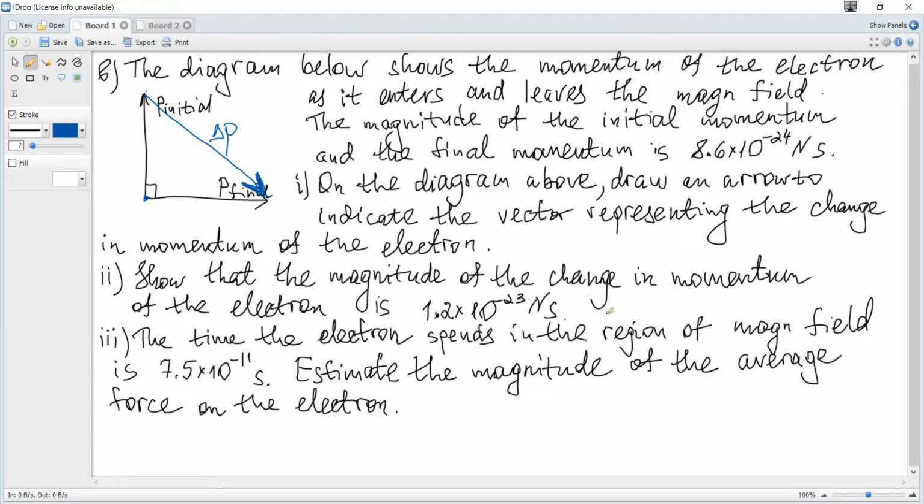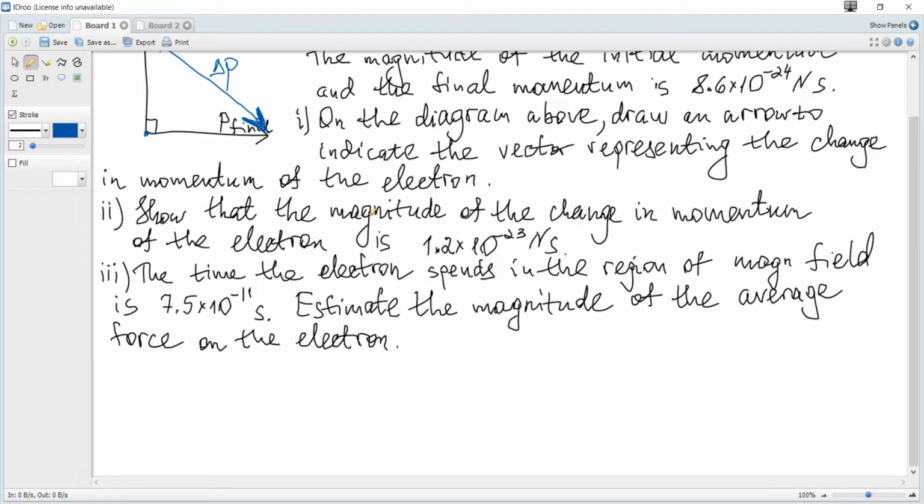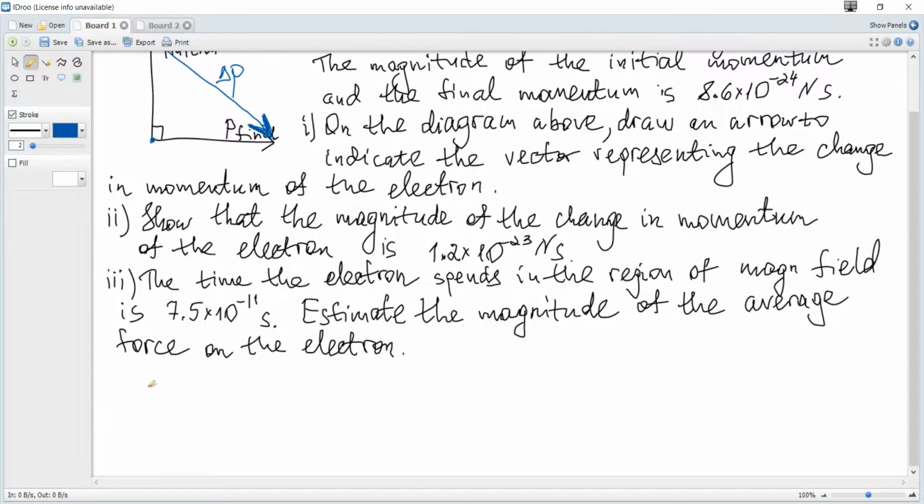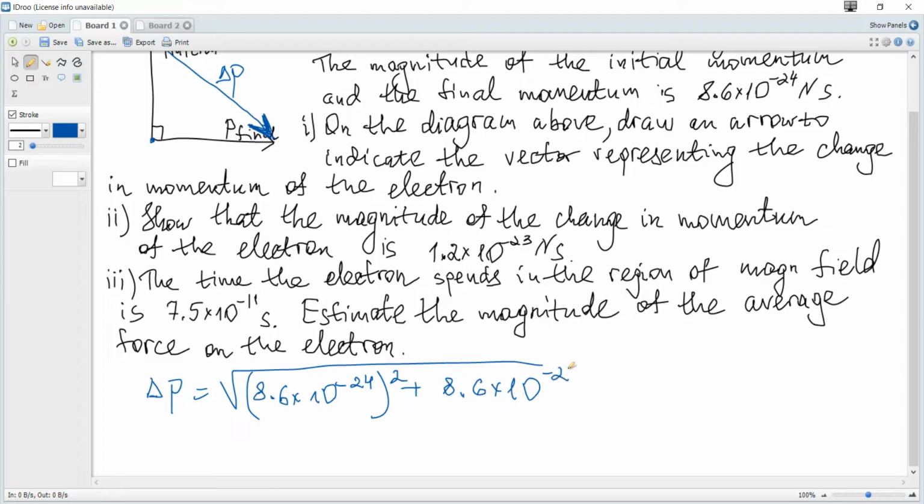Show that the magnitude of the change in momentum is... Magnitude means we need just the magnitude of this vector, and we can consider the given triangle, which is a right angle triangle, and applying the Pythagorean theorem, delta P is equal to the square root of 8.6 times 10 to negative 24 squared plus 8.6 times 10 to negative 24 squared.